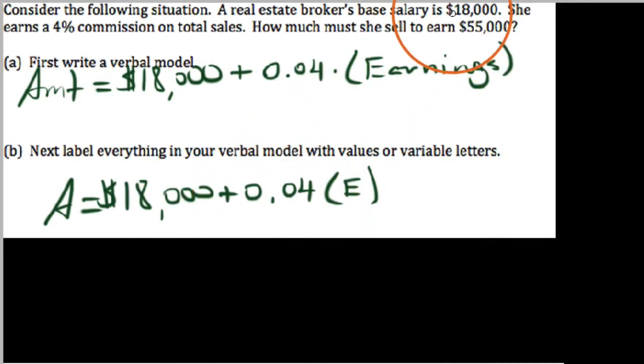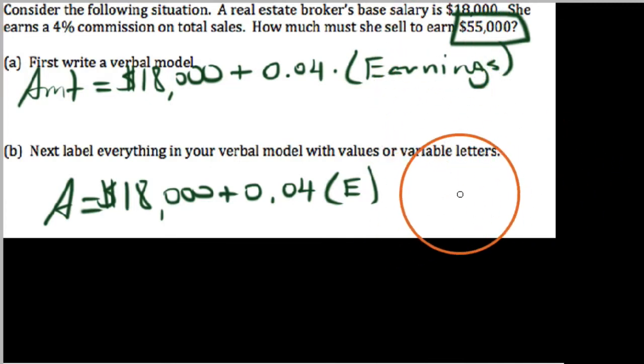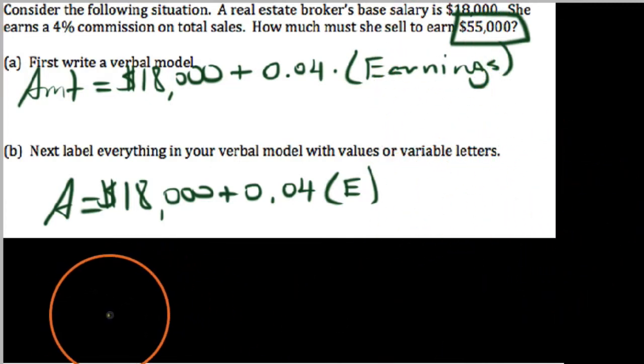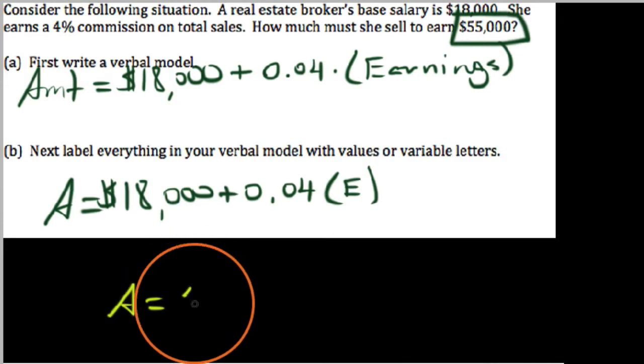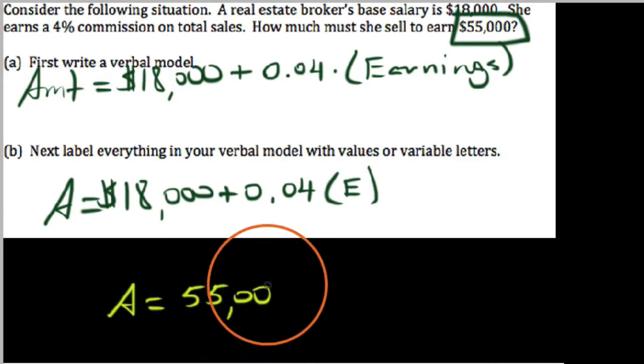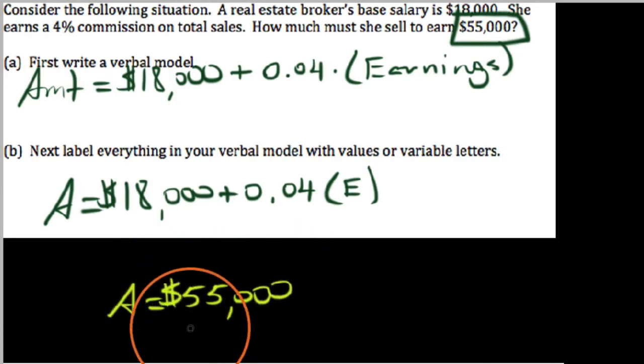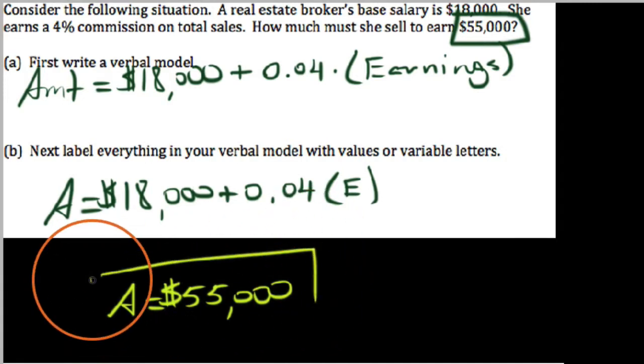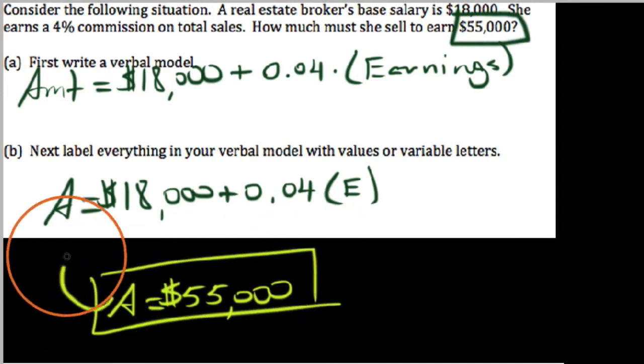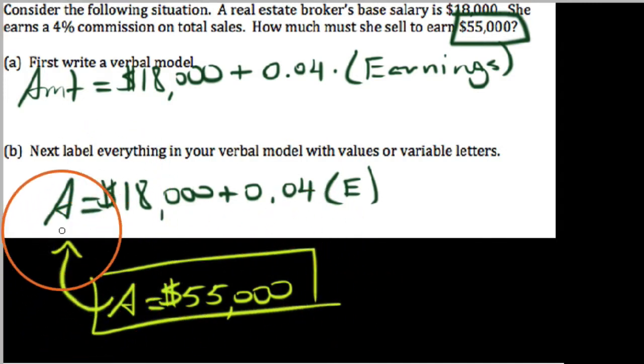This $55,000 that we are having reported is actually an amount we can record. We say it's the amount we want, 55,000, in dollars. So now we can substitute this in for A and find out what E should have to be.